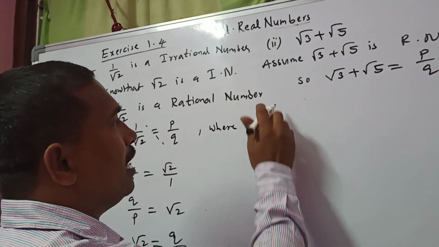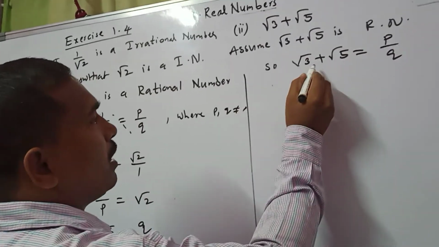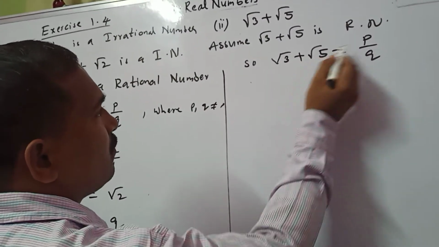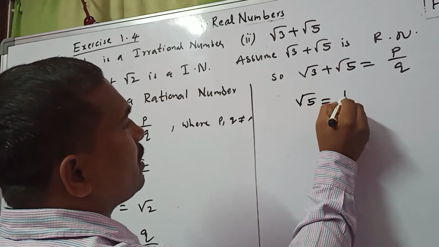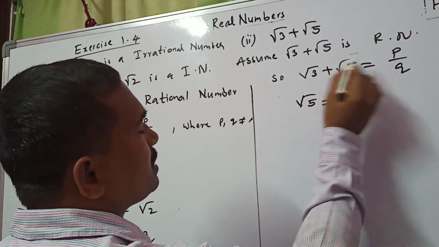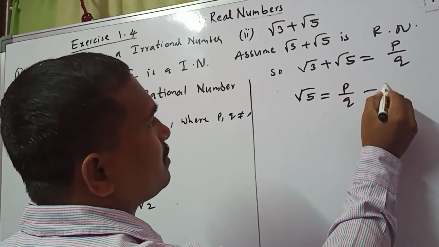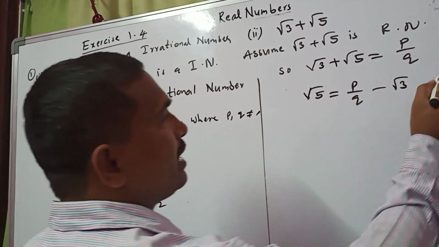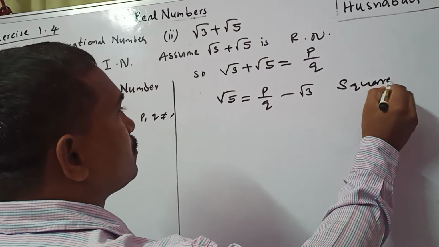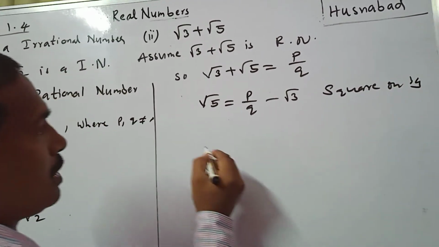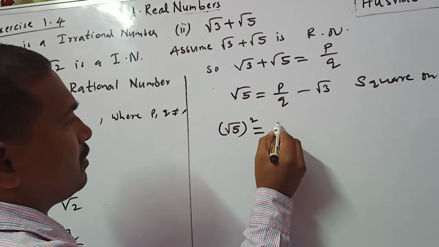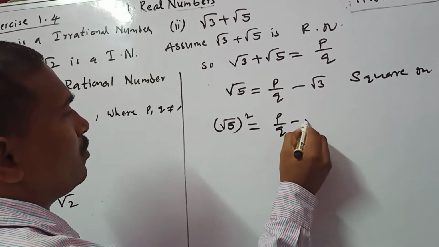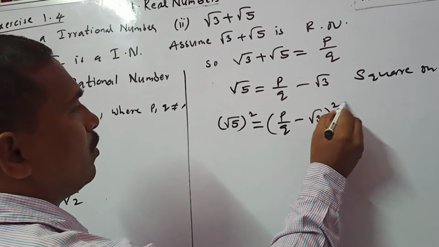For that, I am taking root 5 to the left side and transposing root 3 to the right side. Root 5 equal to p by q minus root 3, where plus becomes minus. Now squaring on both sides, root 5 whole square equal to p by q minus root 3 whole square.